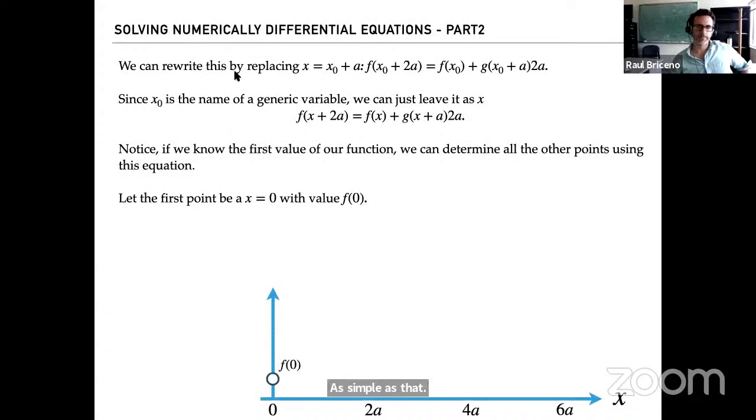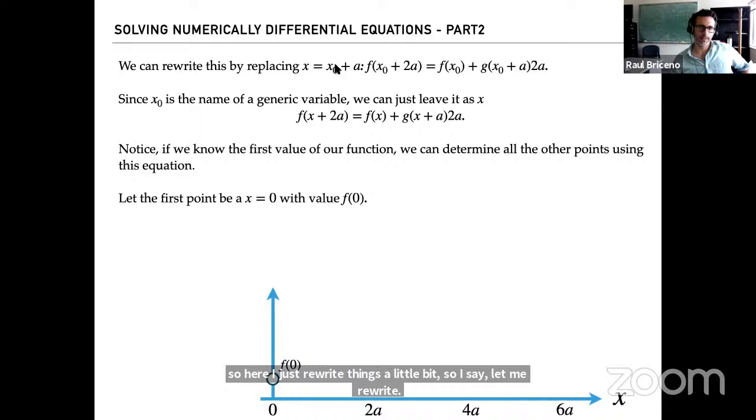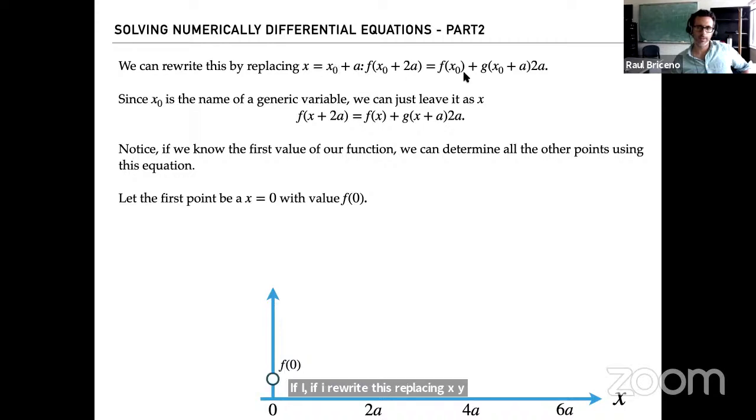And so here I just rewrite things a little bit. If I rewrite this replacing x with x naught plus a, so then the original point is x naught, then you can see things perhaps a little bit differently.